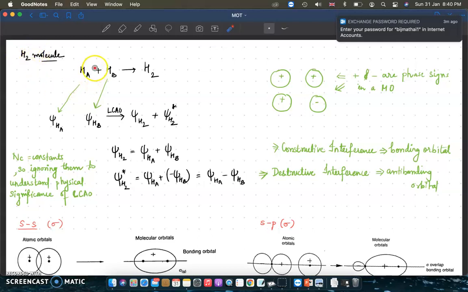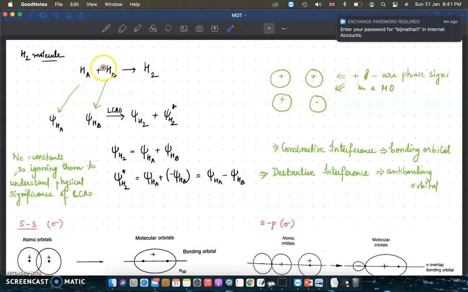We know that H2 is a combination of two hydrogen atoms. To differentiate them, I have written them as HA and HB, leading to the formation of H2. Now we are going to see how the molecular orbital wave functions are formed.